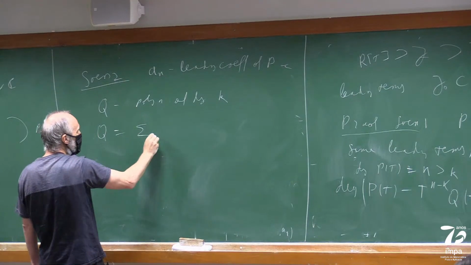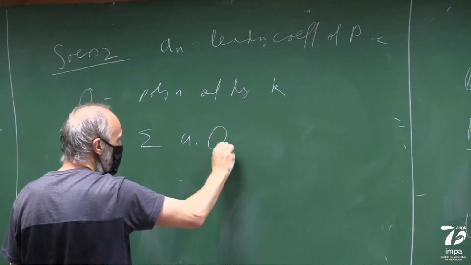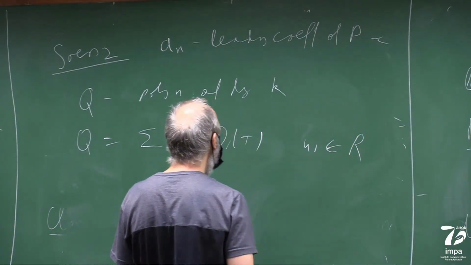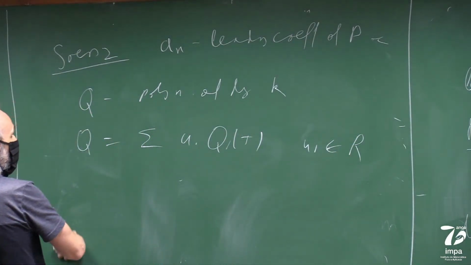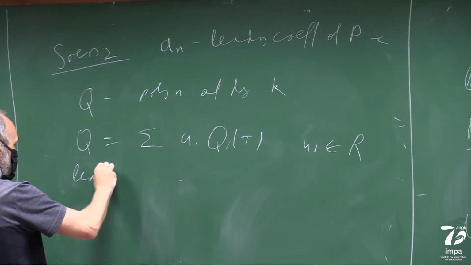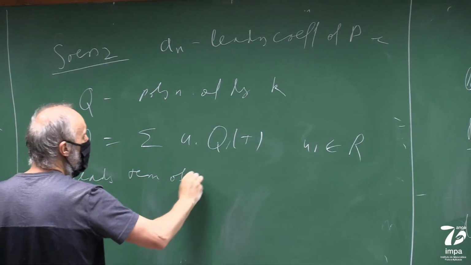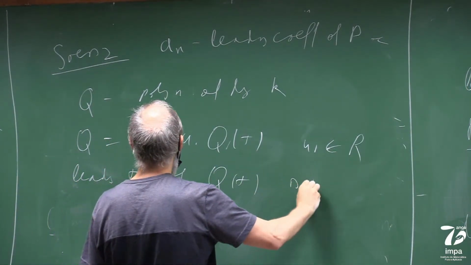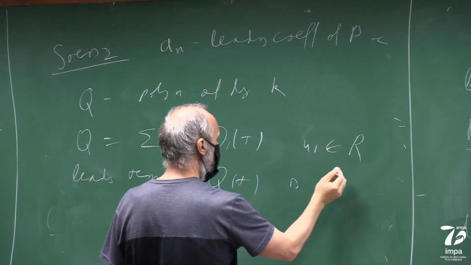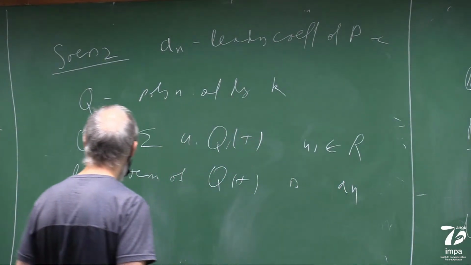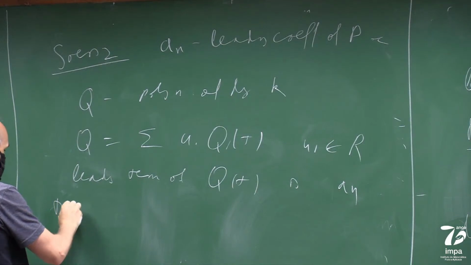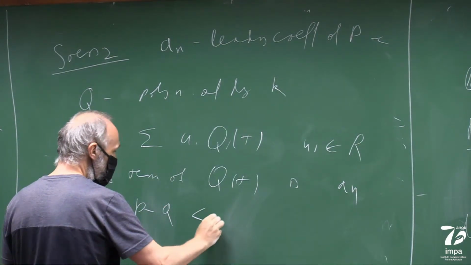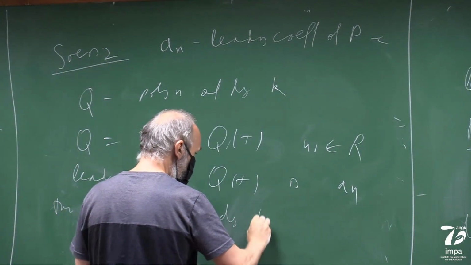Q is the sum of u_i Q_i(t), where the u_i are elements in our ring R, such that the leading term of Q is the same, is a_n. Then the degree of P minus Q is less than the degree of P.